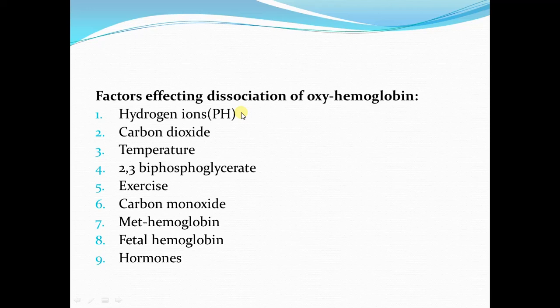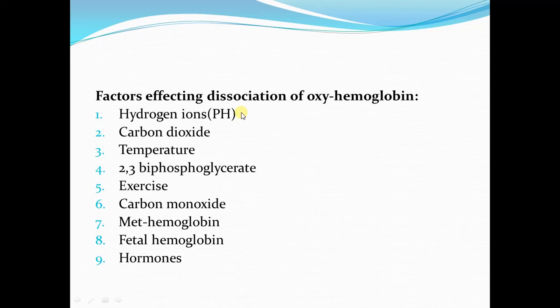Or we can say, when the curve is shifted to the right side, the affinity of oxygen to bind with the hemoglobin is less. While when the curve is shifted to the left side, it has the opposite effect.